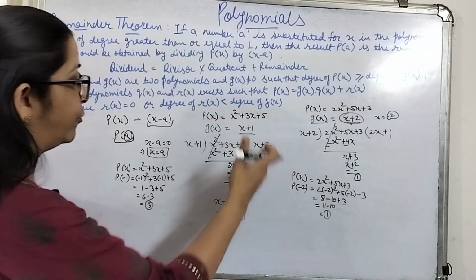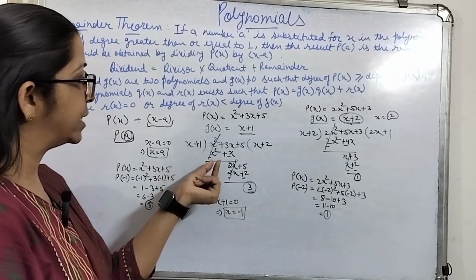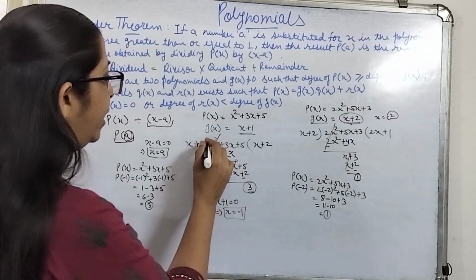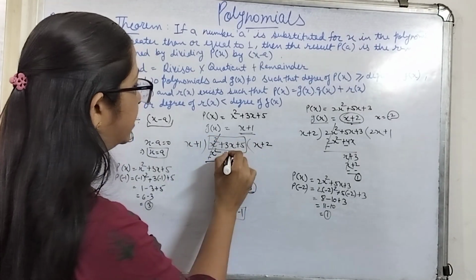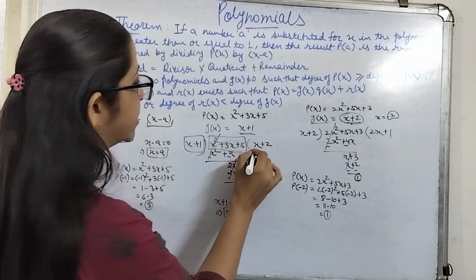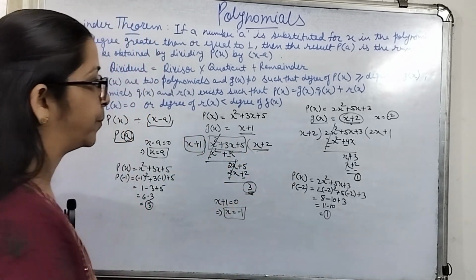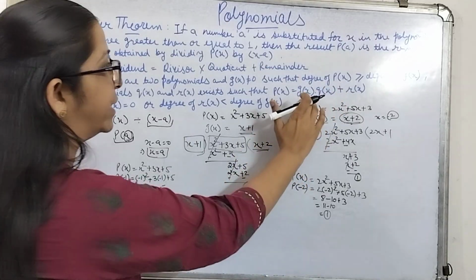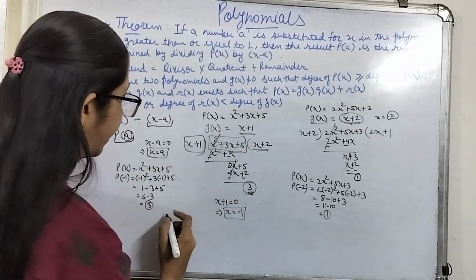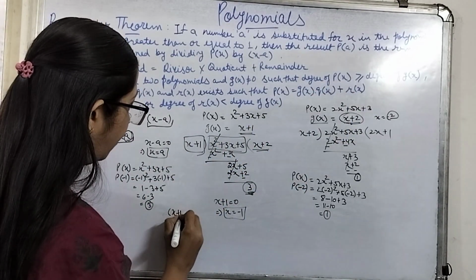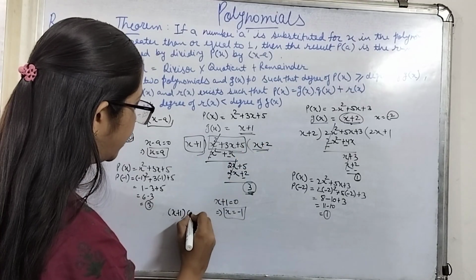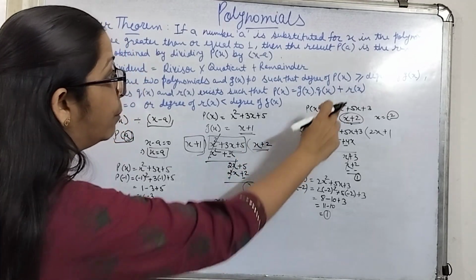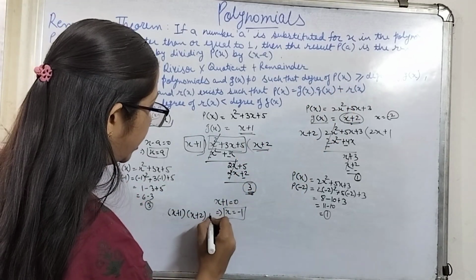Right, now we can check it with this example even. Here this is your dividend, this is your divisor, this is the quotient and this is the remainder. First of all I am taking the RHS part. Divisor is x plus 1 multiplied by quotient x plus 2 plus remainder 3.